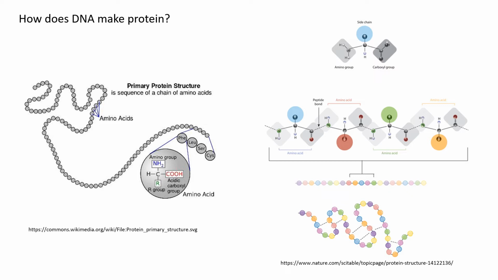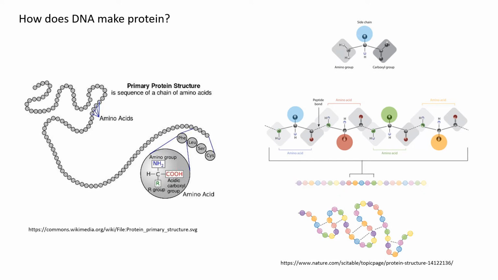Well, before we get there, let's just do a very brief review of what a protein is. A protein is basically a chain of amino acids. Amino acids are chemical compounds that are a combination of an amino group, something called a carboxyl group, and a side chain. All amino acids have the same amino group, they all have the same carboxyl group, but they have different side chains. And it is the different side chains that distinguish one amino acid from another.